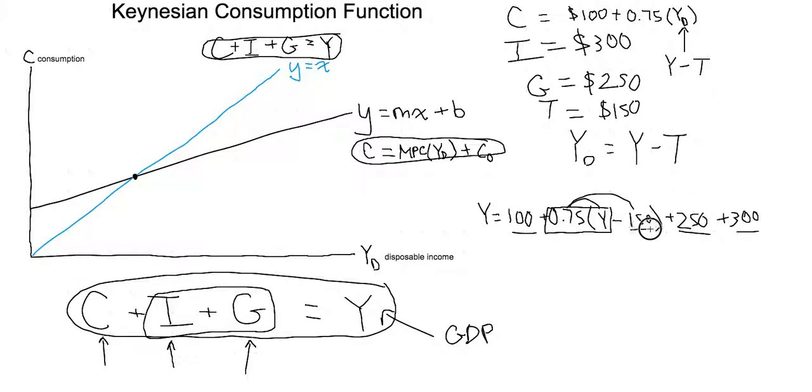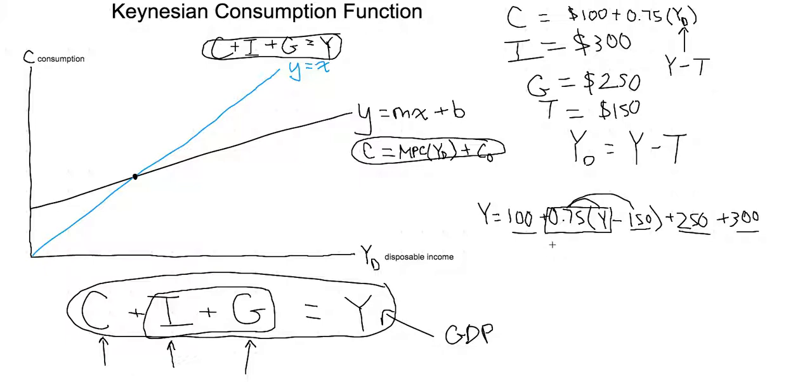And also taxes are going to be constant. Just remember to multiply the marginal propensity to consume onto it because of the distributive property. But that being said, Y, the GDP, is still going to be the only variable here. And over here is another Y, right?